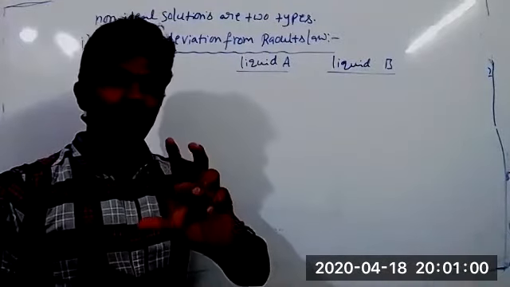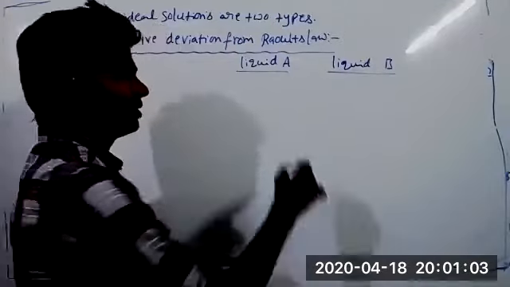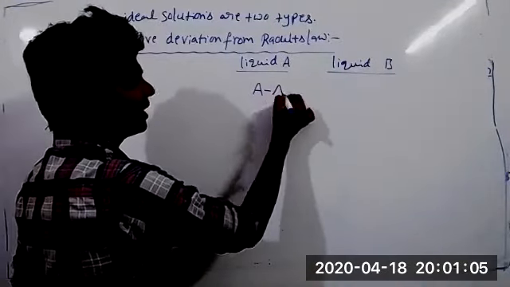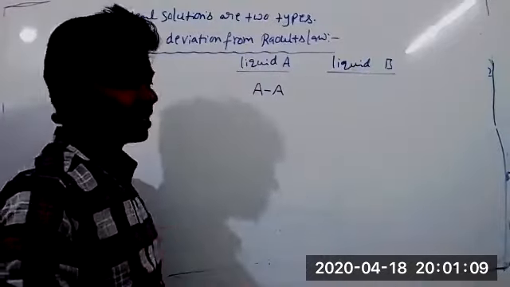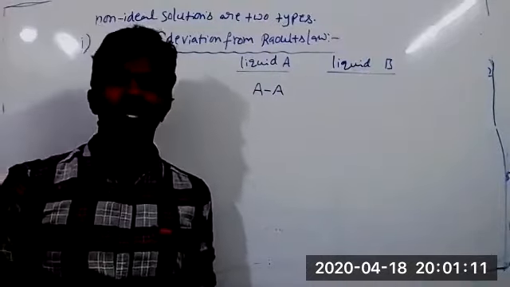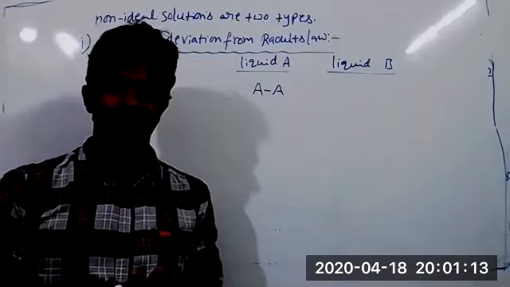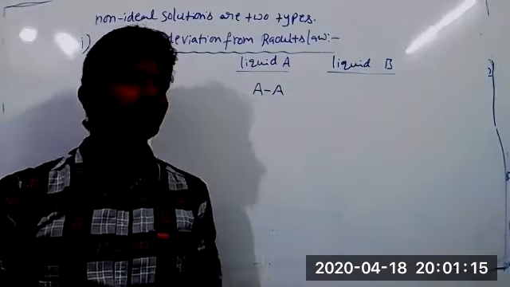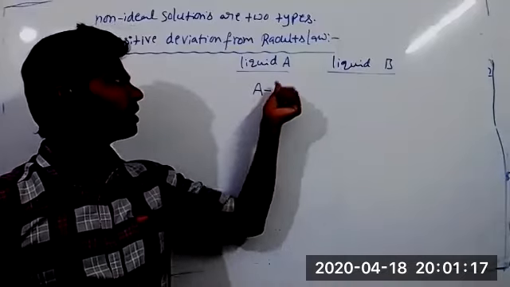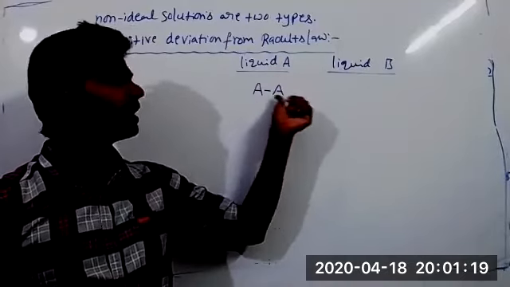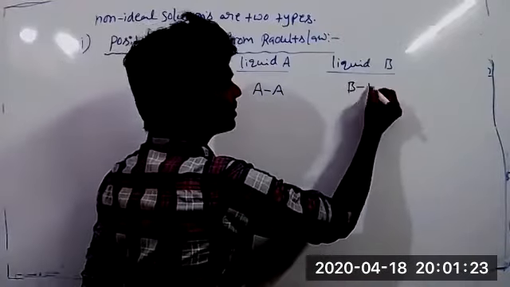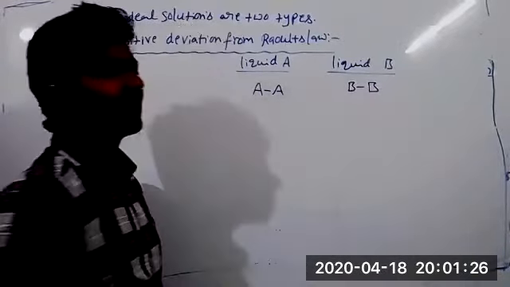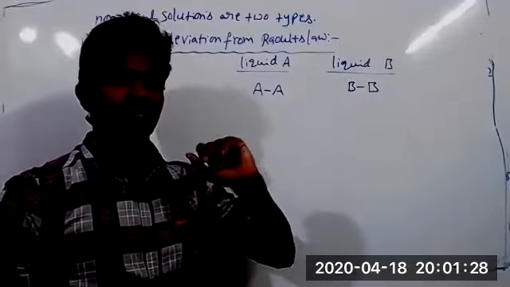In between A molecules, some interactions are present. I denote those interactions as AA interaction. Suppose in water, we say hydrogen bond is present between one water molecule and another water molecule. In liquid B also, between molecule and molecule, some interactions are present. I denote those as BB interaction.